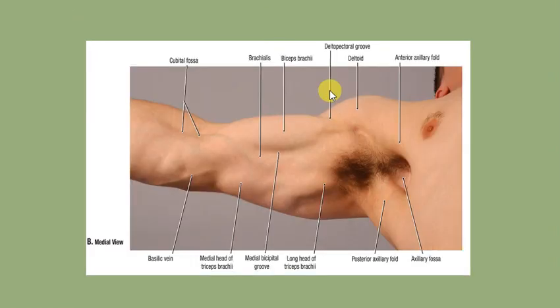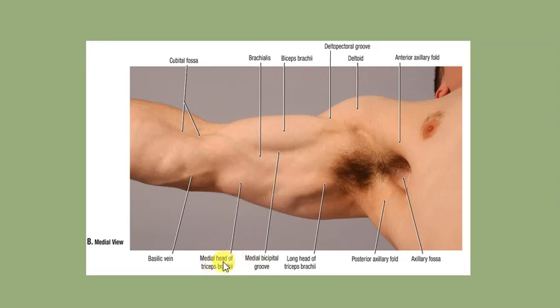So just a part of our surface anatomy, as you can see: axillary fossa, anterior axillary fold, posterior axillary fold, deltoid muscle, biceps brachii, brachialis muscle below the biceps brachii, then medial bicipital groove. Then you will have the lateral bicipital groove on the other side.